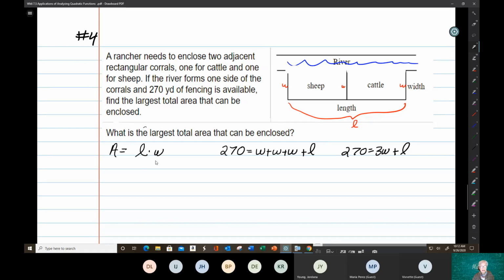We don't have any kind of formula for length times width. We're going to use this to solve either for W or for L.